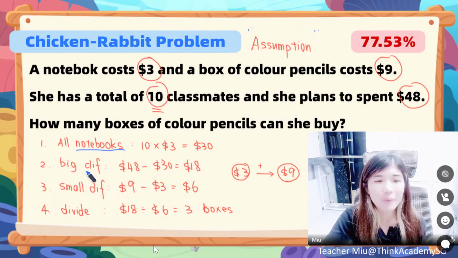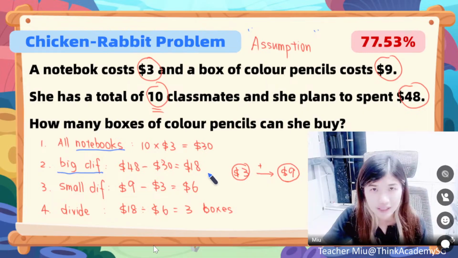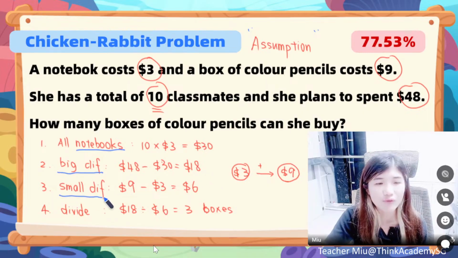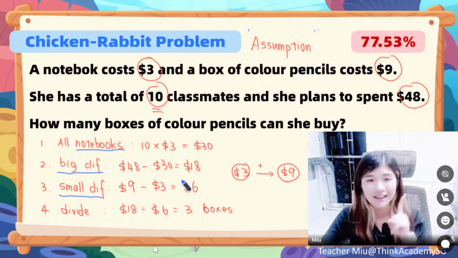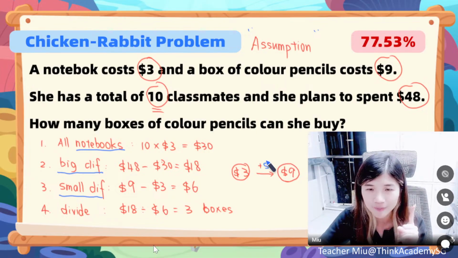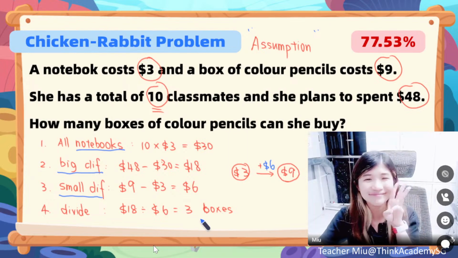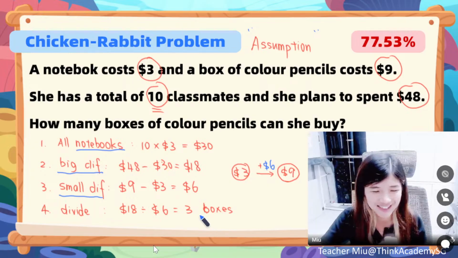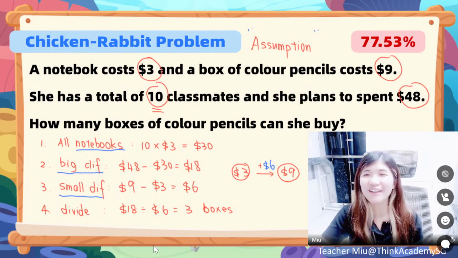So there would be more that we can still spend, which is like we still have $18 to spend. Then for the small difference, which means how many more dollars you can spend on one more thing, that is like $6 more you can spend. Then use division, you can find out you can buy 3 more. All right, so easy, right? This is so easy. Yeah, thank you, dear. After that, let's just continue.